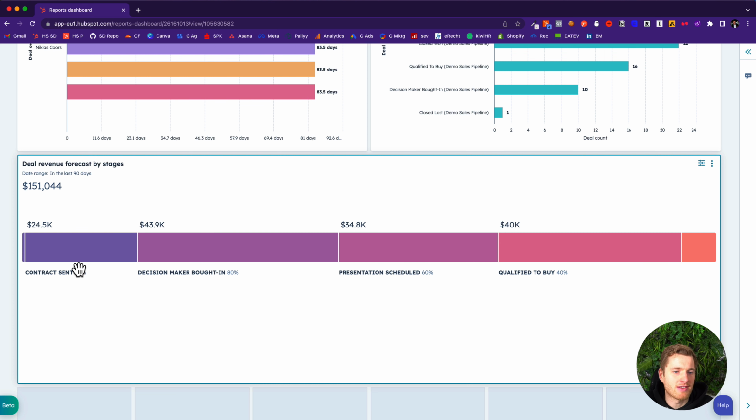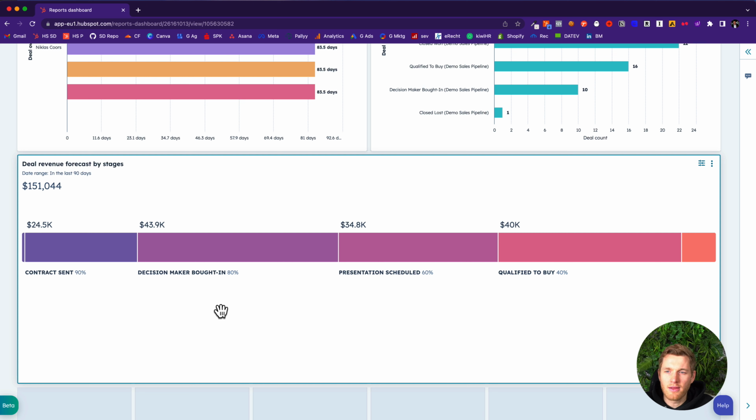If you have a contract sent, you're much further down the sales process, so it's much more likely that this actually materializes. So this is all factored in here, and it gives you a good idea of, okay, if you have 150K sitting in your forecast, how likely is that actually going to materialize, and where does it really sit, and in what stages do we have a lot of our forecasted revenue sitting?